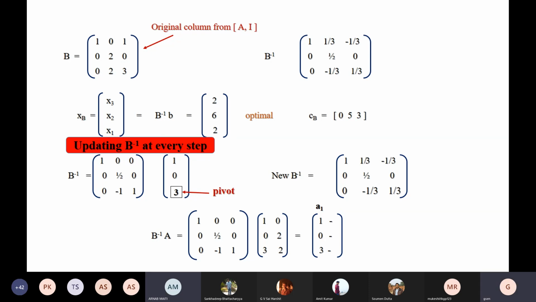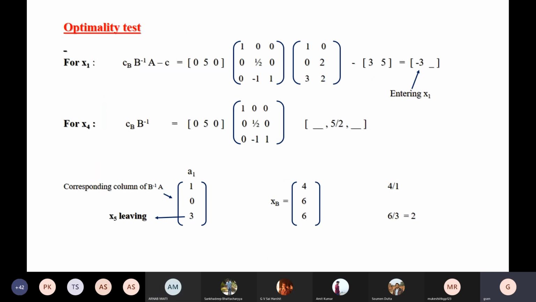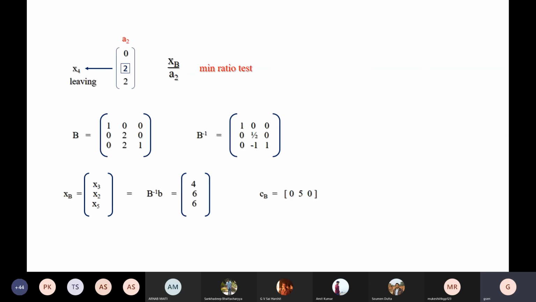The CB will be 0 5 3, because those are the coefficients in the z function, z is equal to 3x and so on. This is exactly what is shown here in this PPT. So we first check the optimality.